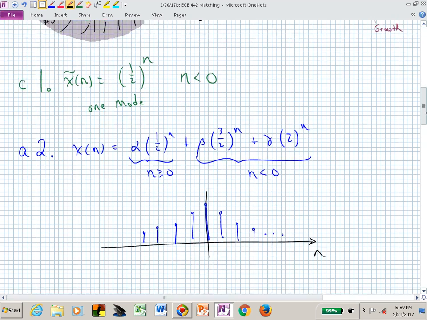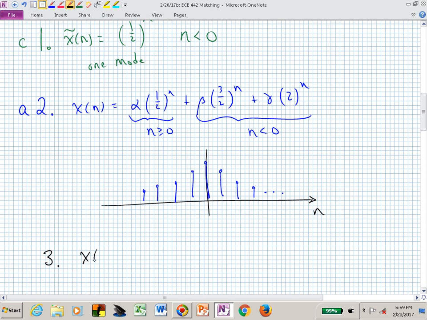So now I could say x of n equals alpha (1/2)^n plus beta (3/2)^n plus gamma 2^n, and all of those are for n greater than or equal to 0. Now, do you see a problem with the behavior here as a function of time?